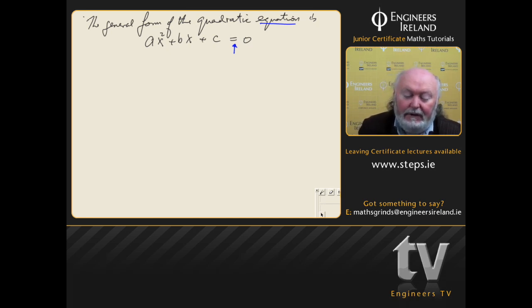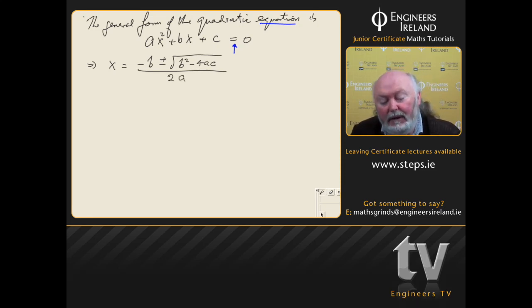We know when that is the case, that then implies that x is equal to minus b plus or minus the square root of b squared minus 4ac, all over 2a. Let's just go over here and look to see what kind of an equation we have. We have x equals something plus or minus something else divided by another item.